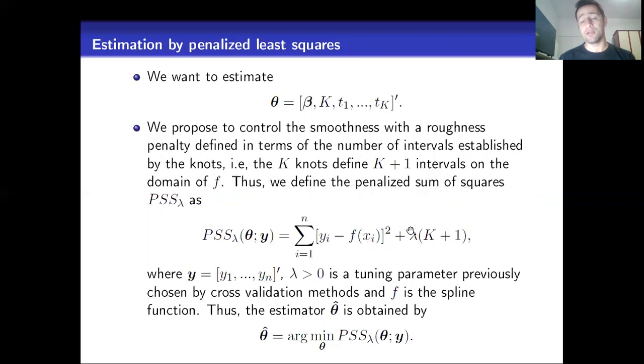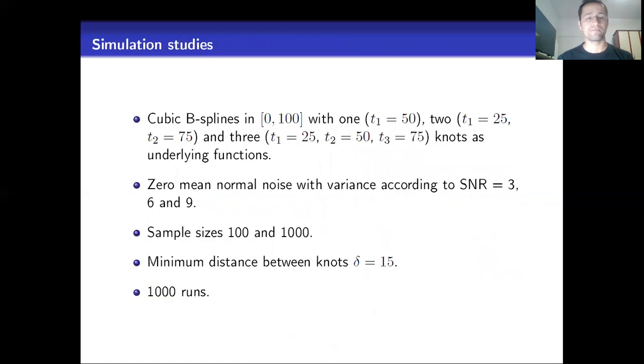We have, as expected, a tuning parameter lambda that is typically determined by cross-validation methods, and theta is determined as the argument that minimizes this quantity. We perform this minimization process computationally.